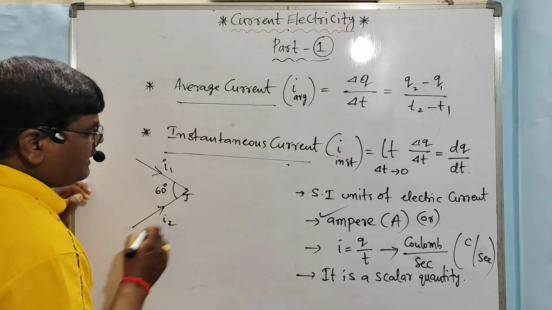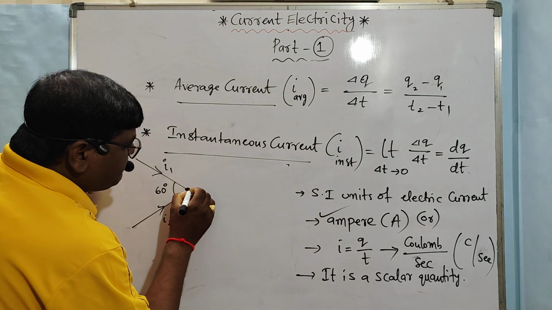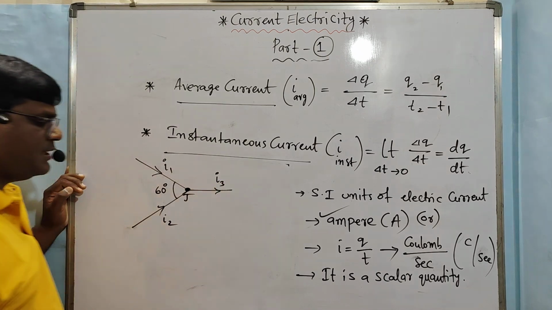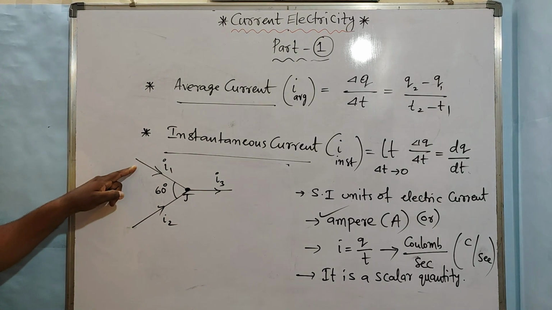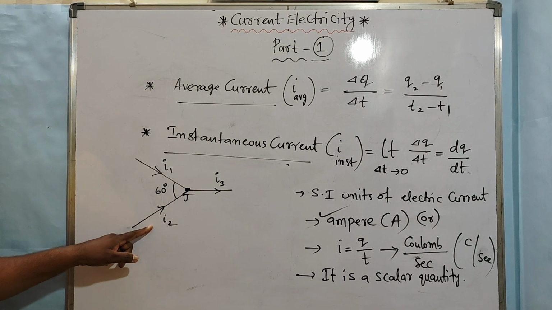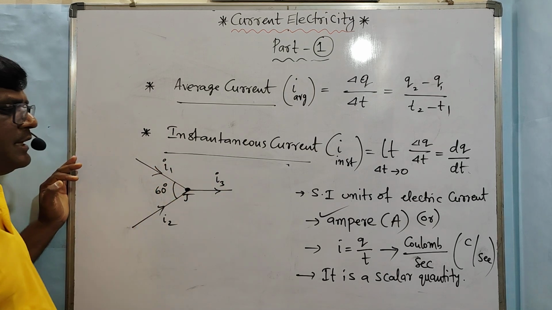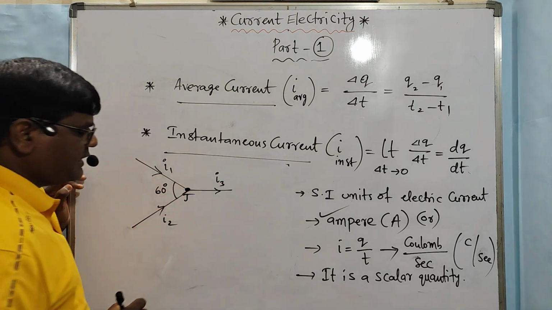Now whatever current is passing out of this junction, I am considering that as I3. The angle between the two input currents I1 and I2 is 60 degrees, then the outgoing current is I3.